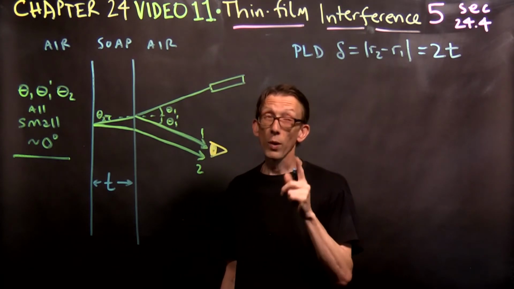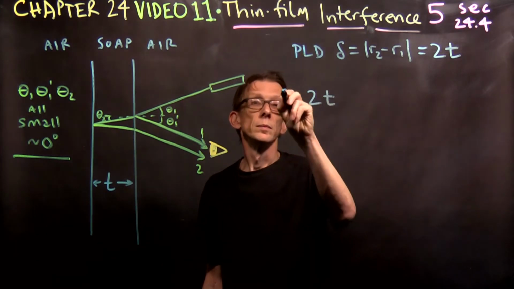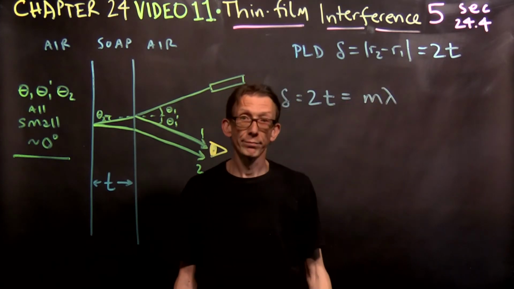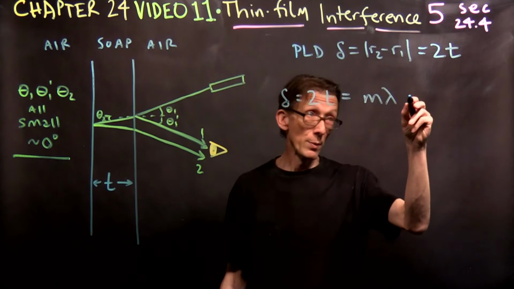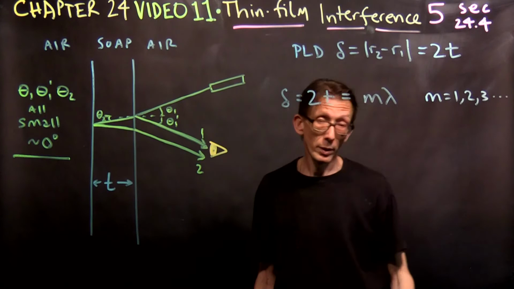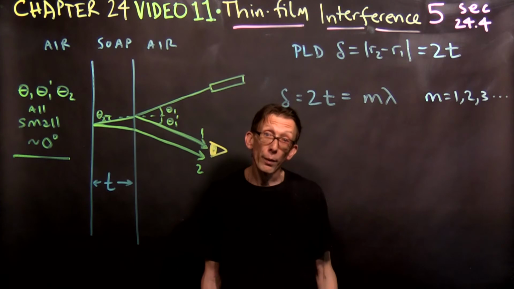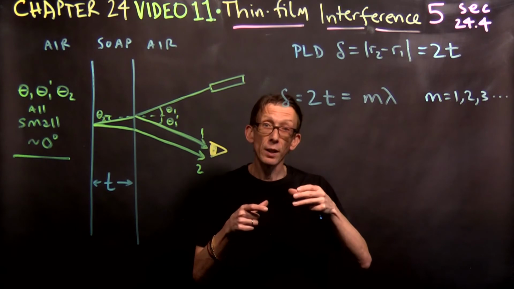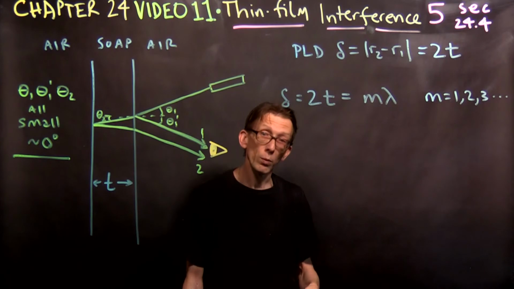What that means is that if the path length difference is equal to m lambda, that is, if ray 2 had to travel m lambda, where m is equal to 1, 2, 3, further than ray 1, then the wave of ray 2 has been shifted an integral number of wavelengths relative to ray 1.